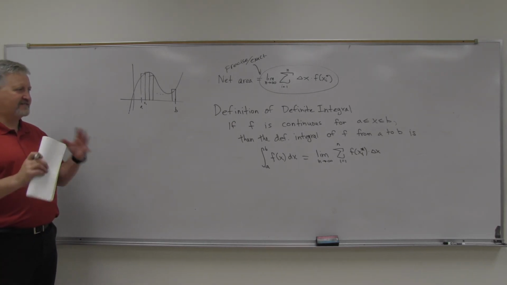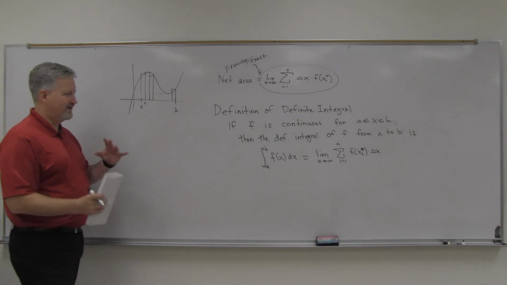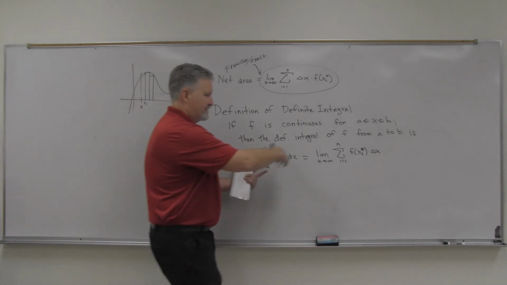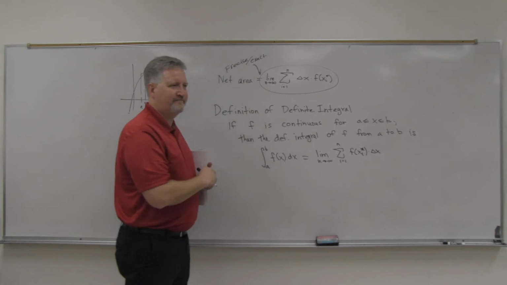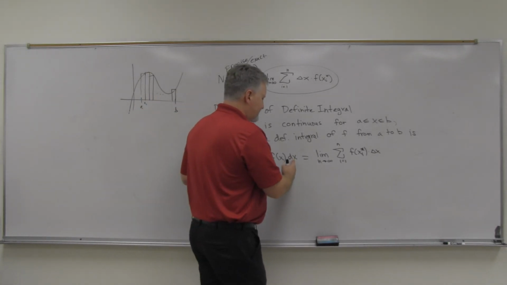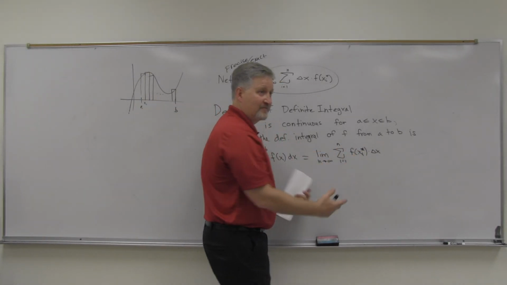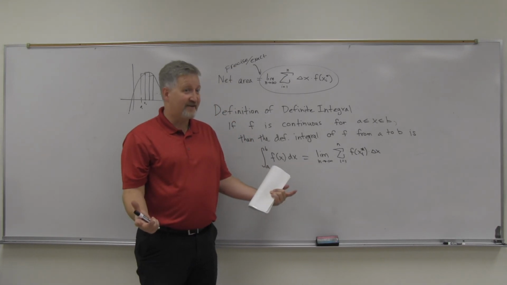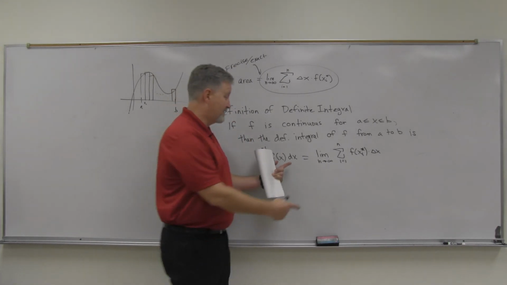Now you see some correlation between the two sides. You've got dx and you've got delta x. Remember, dx equals delta x? So you see where that comes from.